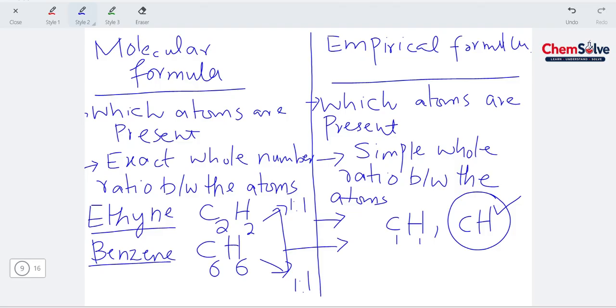For example, if I say C2H2 is the molecular formula of ethyne, then this is the formula only for ethyne, not for any other compound. But the empirical formula could be the same for more than one compound, or even more than two compounds. Like in this case, you can see the empirical formula for both ethyne and benzene is CH.